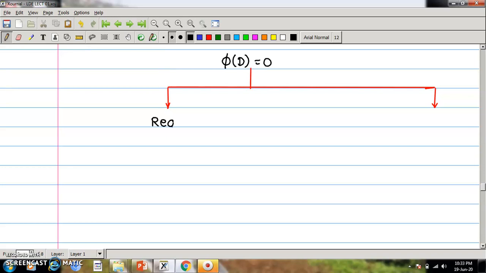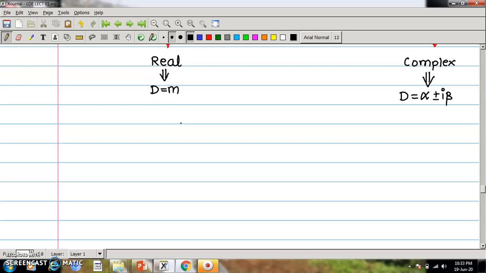Roots are real, this implies D equal to m type of root, and roots are complex, that is D equal to alpha plus or minus i beta, where alpha is the real part and beta is the imaginary part. Now for these two cases, again two sub cases may arise. First, the roots may not be repeated, so we consider non-repeated roots, and second is the repeated roots.